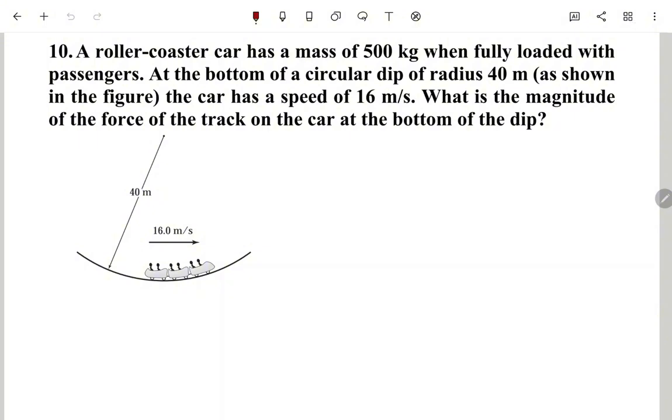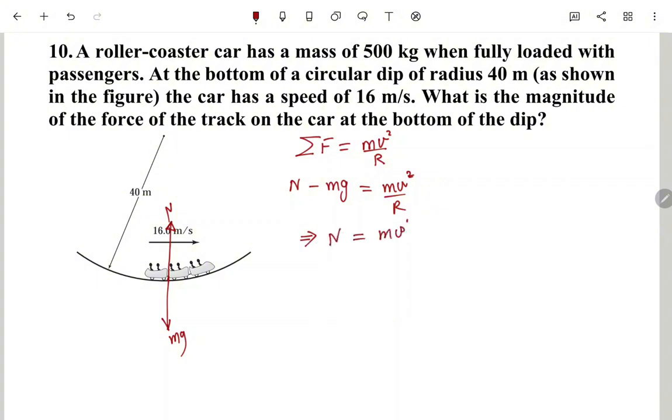Now here's the free body diagram. We have the weight, it's directed downward, this one here, and the normal is the force exerted by the track on the passengers, this one here. Now sum of all forces equal to ma, which is mv square over r, central acceleration, and in this case here it's normal minus mg equal to mv square over r. Or in other words, the normal equal to mv square over r plus mg.